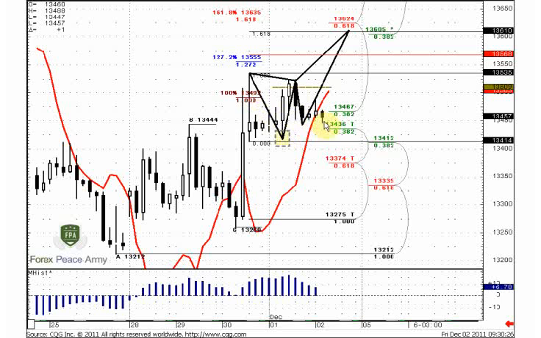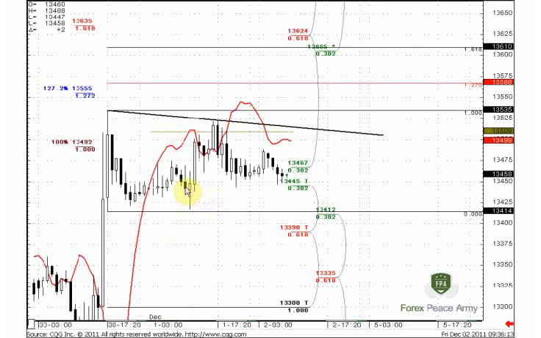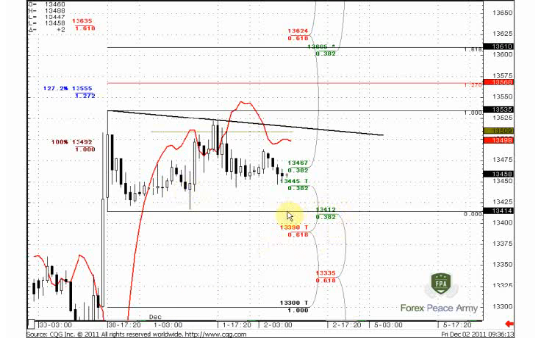My task is to show you the potential scenarios and what particular levels we have to keep an eye on during today's trading session. Now, on the hourly time frame, it's very interesting. That is the confidence support that I said, 133.90, since the thrusting move started right from that point, 133.90.